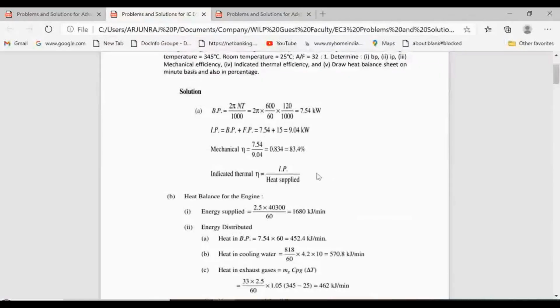So what is indicated power? They gave 9.04 divided by 16. We got some 53 point something, right?